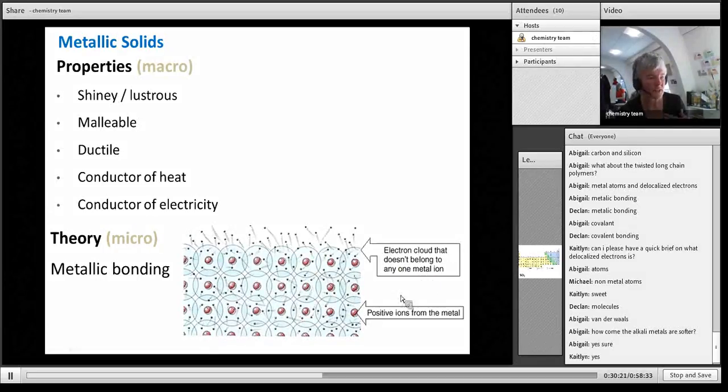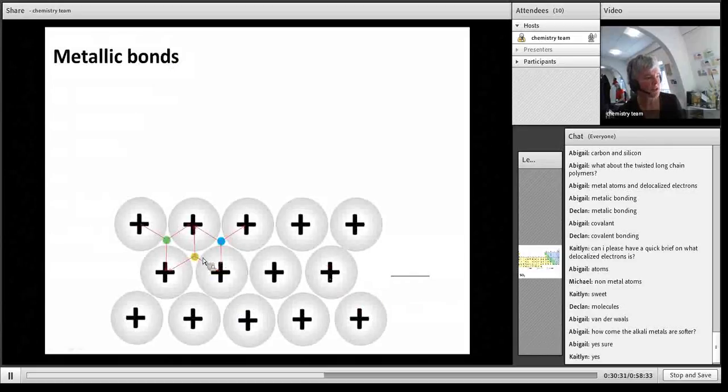Okay, so the ions are fixed in position, or the metal atoms, but the valence delocalized electrons can move. So what I've tried to show here is, here are my core metal atoms close together, and here are my delocalized electrons, or my electrons that are on the valence shell.